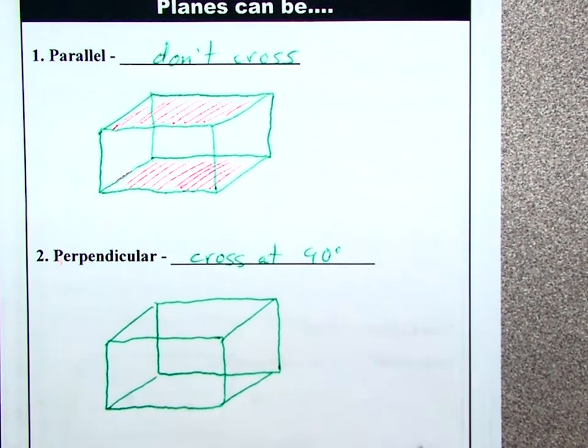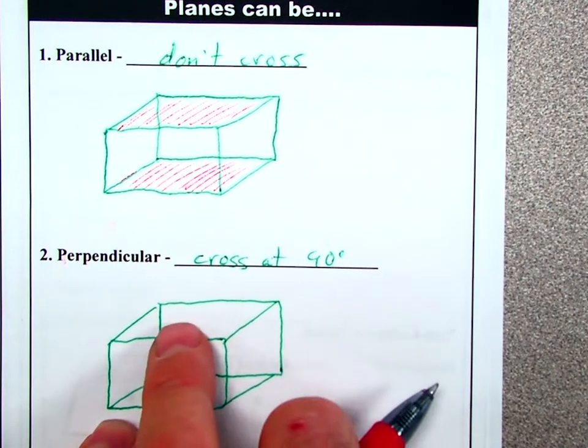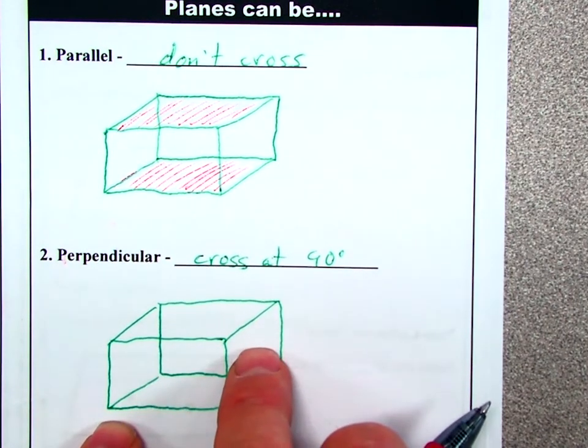Okay, and I hope you can see that in this case, the way I drew it anyway, there's a lot of places where a plane is intersecting with another plane at 90 degrees.